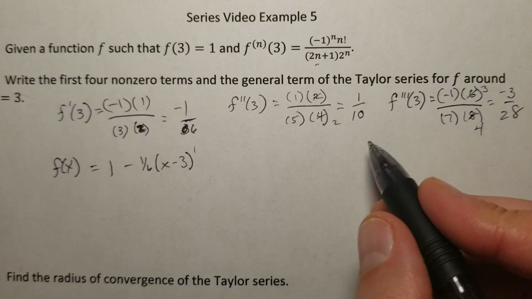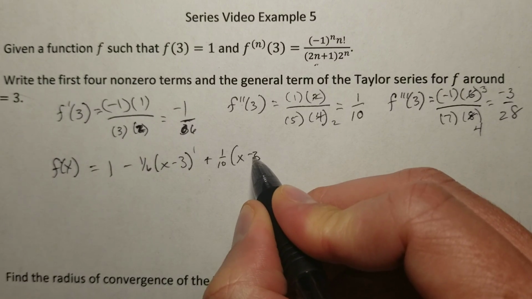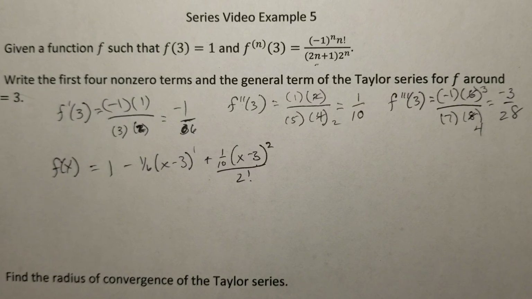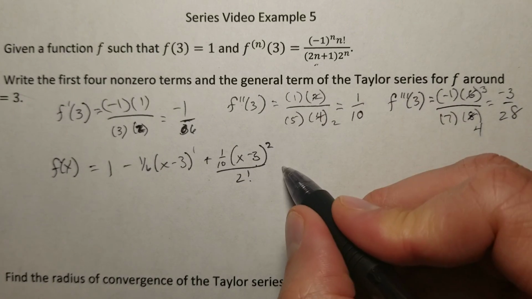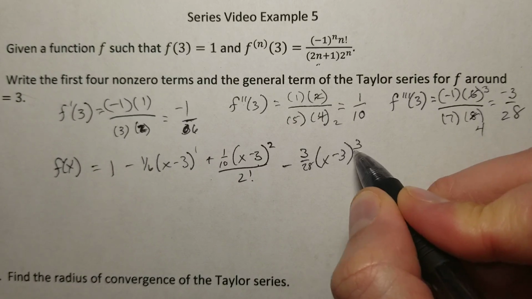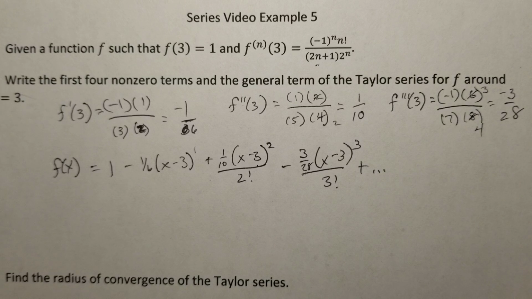Second derivative coefficient, so plus 1/10 times x minus 3 to the second power, all over 2 factorial, minus 3/28 times x minus 3 to the third, all over 3 factorial, plus dot, dot, dot.